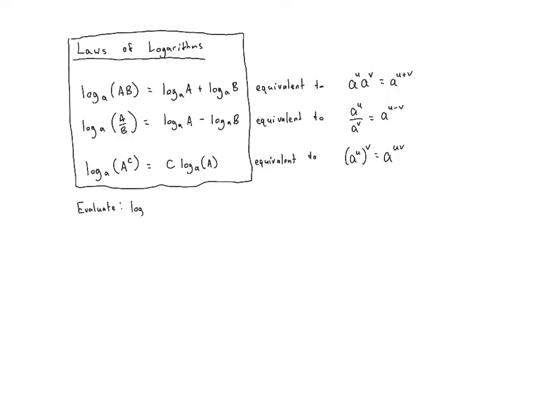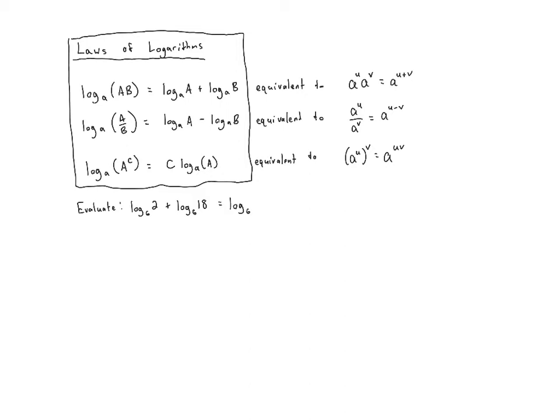So let's look at log base 6 of 2 plus log base 6 of 18. Now 2 and 18 are not nice powers of 6, so these aren't things that we can evaluate on their own in our heads very easily, but we can apply the first rule. It says that if we have a sum of 2 logarithms with the same base, we can combine them into one logarithm by taking the product of the insides.